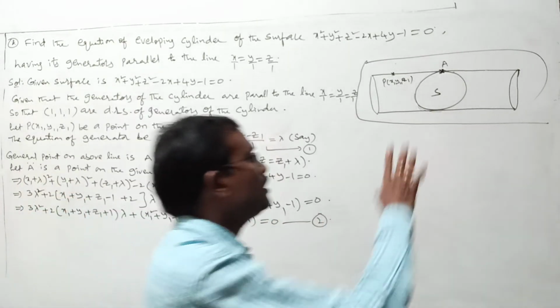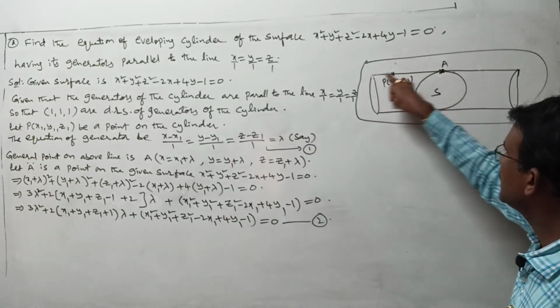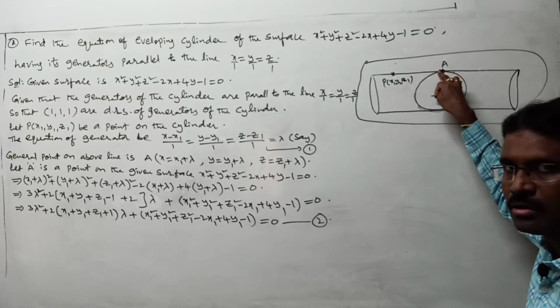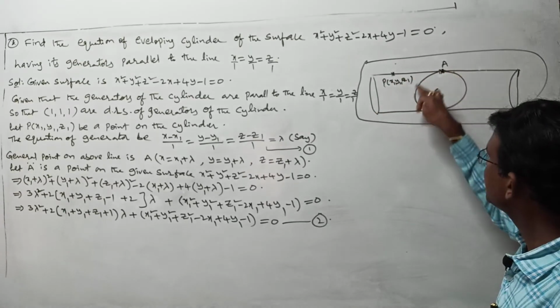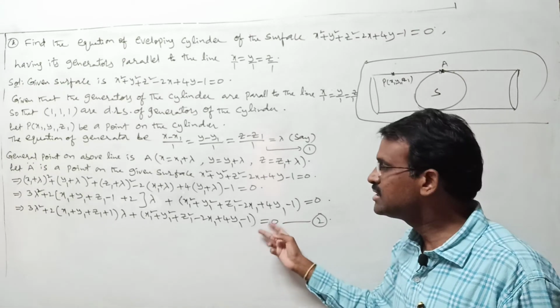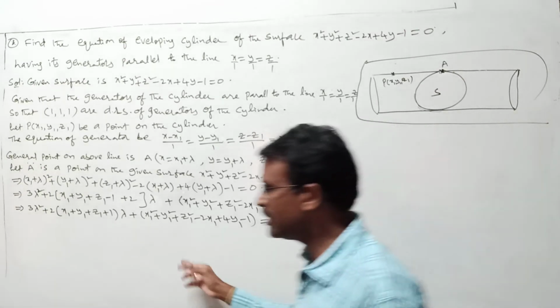But if you concentrate on this diagram, does this generator touch this sphere or this surface or not? Whenever the generator touches the surface, the roots of this quadratic equation are equal. Hence its discriminant becomes 0. That is the word we are using here.